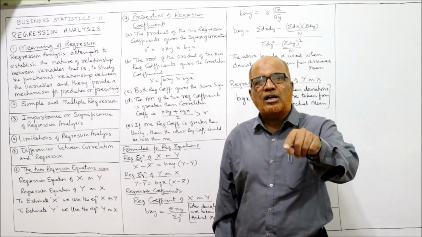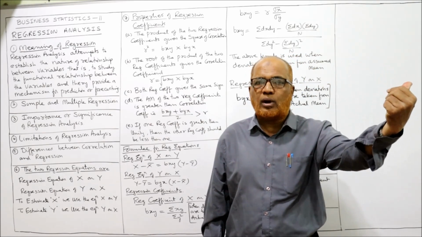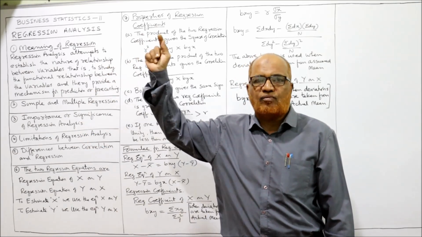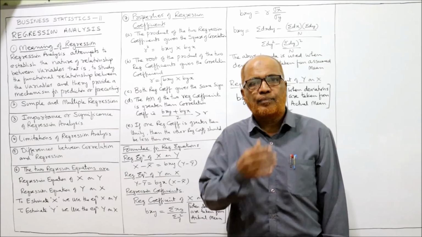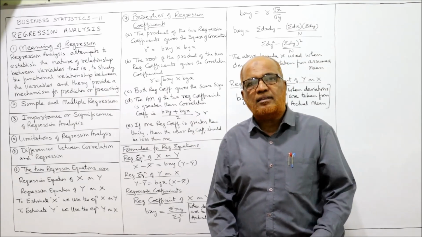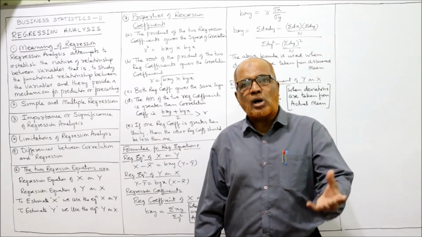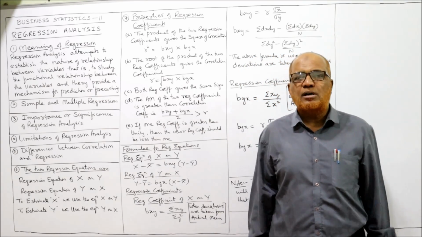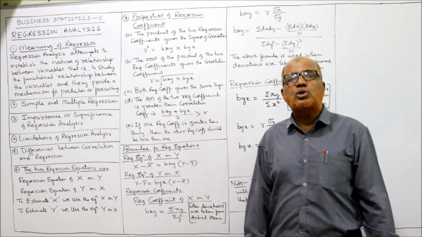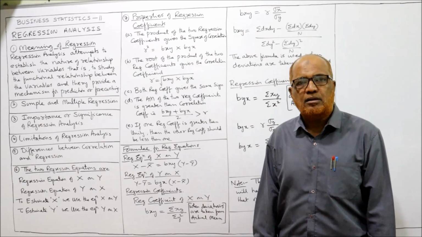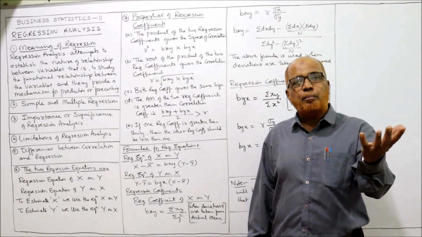So prediction is not possible in the case of correlation. In regression analysis, we can make predictions and estimations. Like this, some differences are there between correlation and regression. In practical terms for business management, correlation is not so important because it cannot be used for prediction.